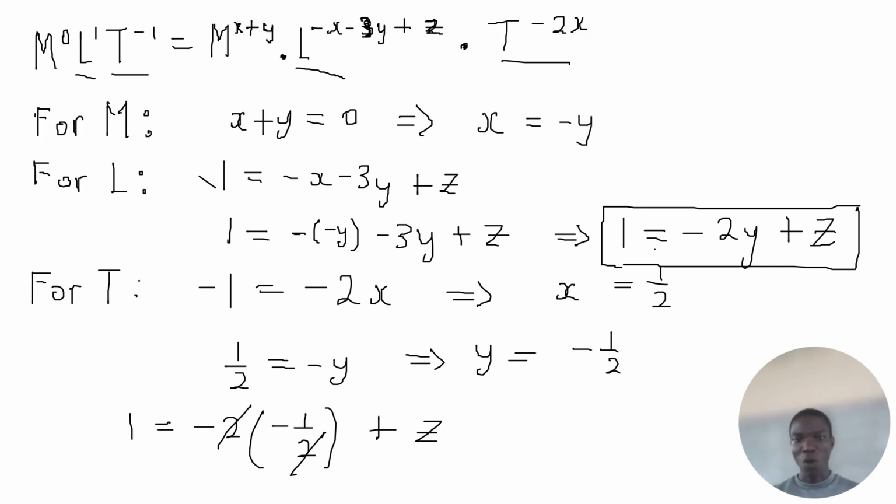So now we have 1 equals 1, minus times minus will give you plus z. So this implies that z should be equal to 1 minus 1, and that is 0. Okay, now we know that z is 0, x is 1 over 2, y is minus 1 over 2.